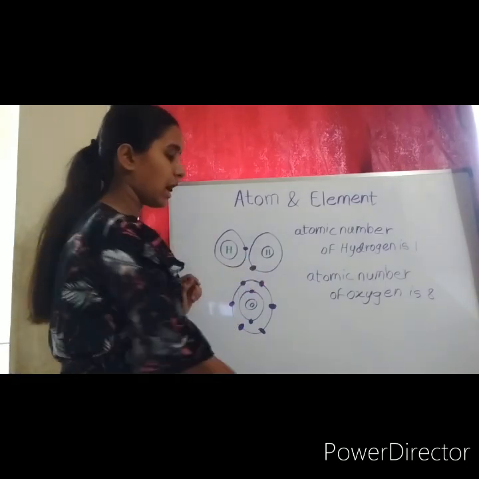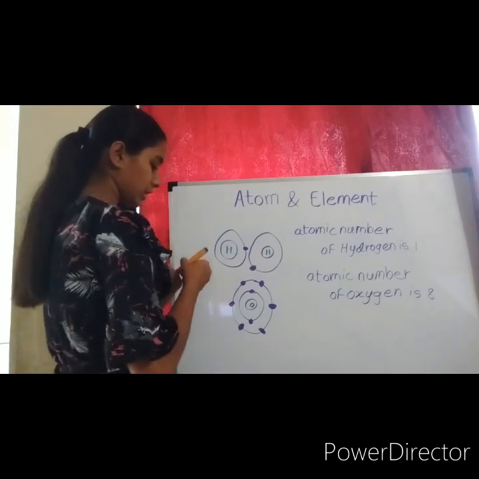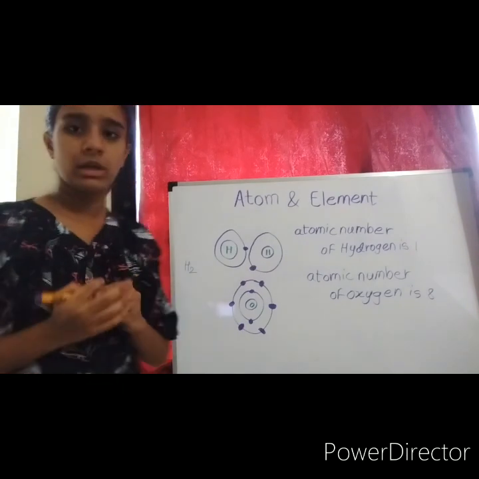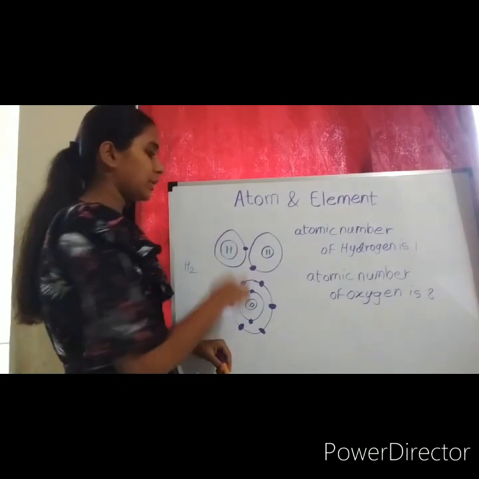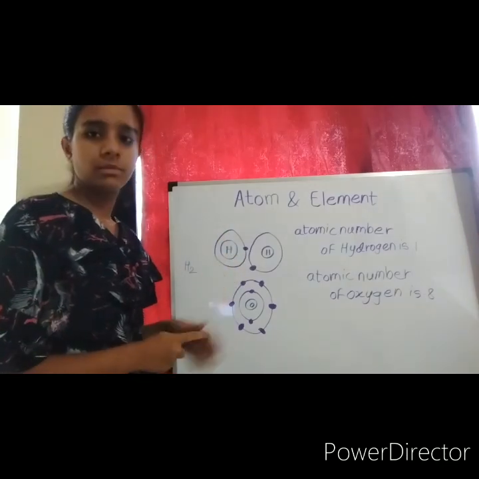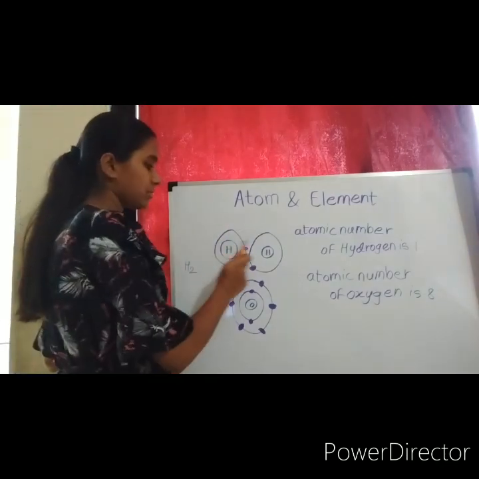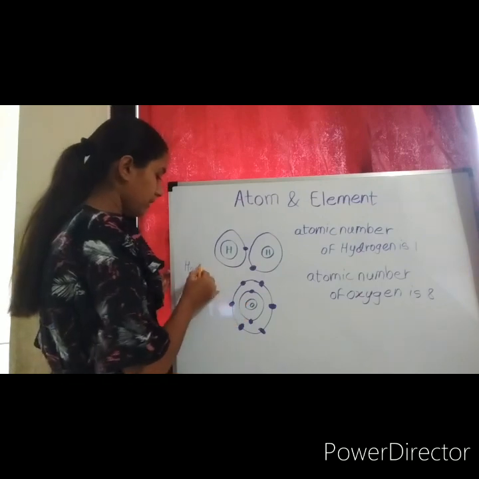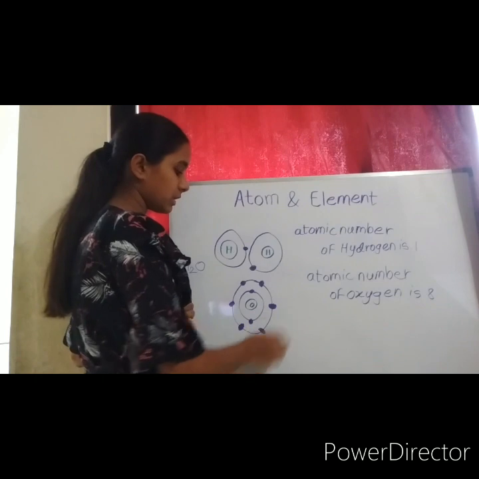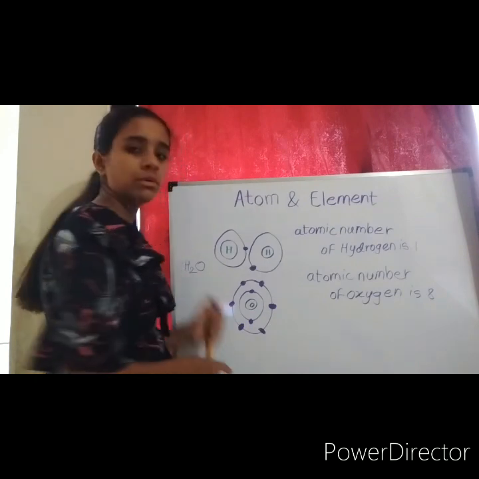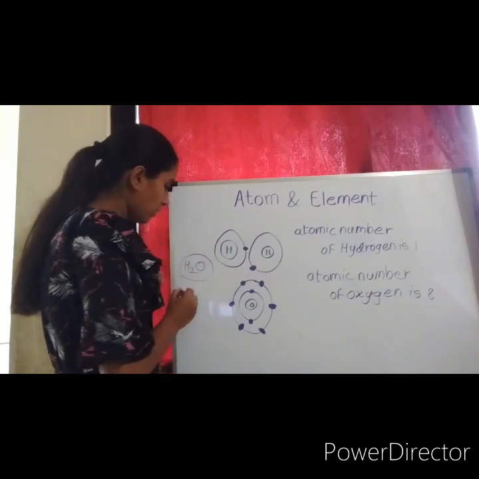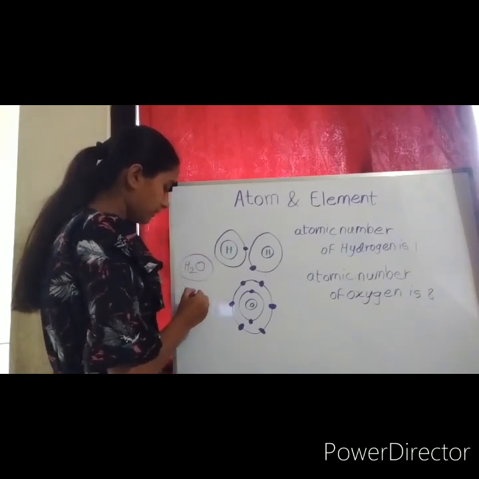If these two hydrogens combine with oxygen, they make H2O, because hydrogen needs two electrons in its outermost shell to become stable, and oxygen needs two electrons to get stable. Then they make H2O, which means water.